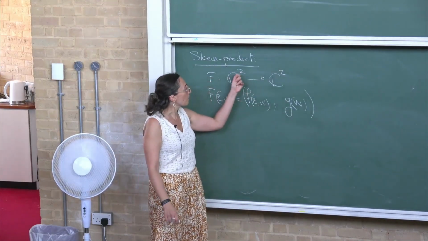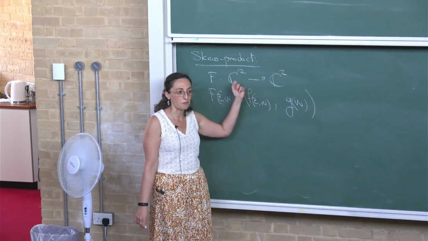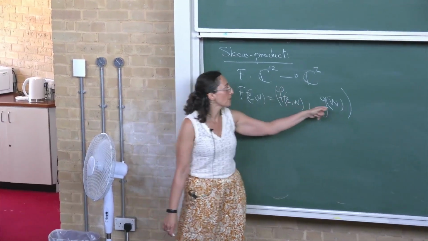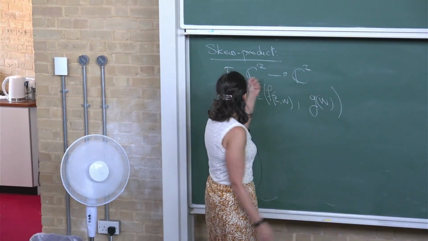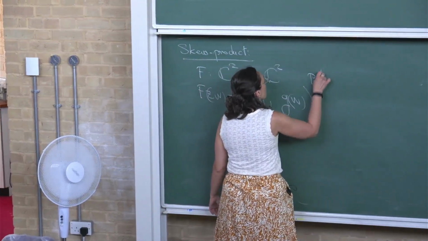So I'm not exactly working in C2, I'm working in C1.5, because on one side, I know exactly what happens, and I'm going to take a polynomial skew product.